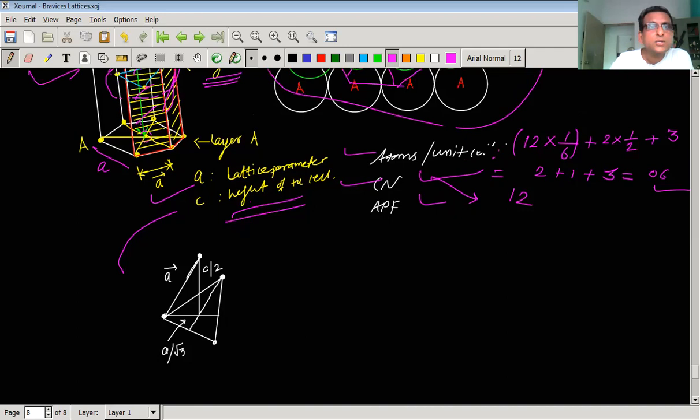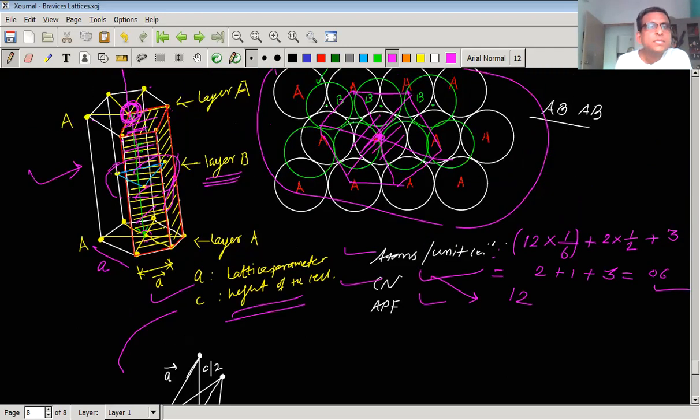If this is the unit cell, then this is actually C. A is the distance between the two atoms in the basal plane. And these middle atoms happen to be at the center of the unit cell. So obviously, the distance of the atoms located at the center of the unit cell will be C by 2, isn't it?